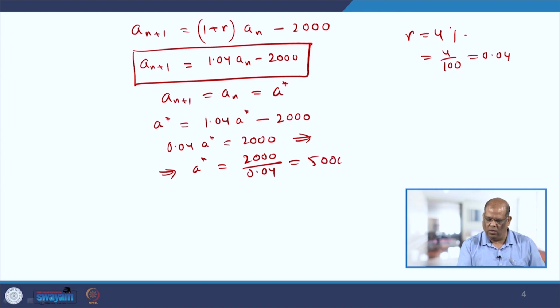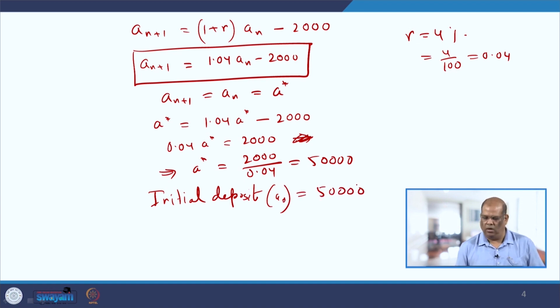which is 50,000. So, if you make an initial deposit A0 to be 50,000, you will see that you never run out of cash.